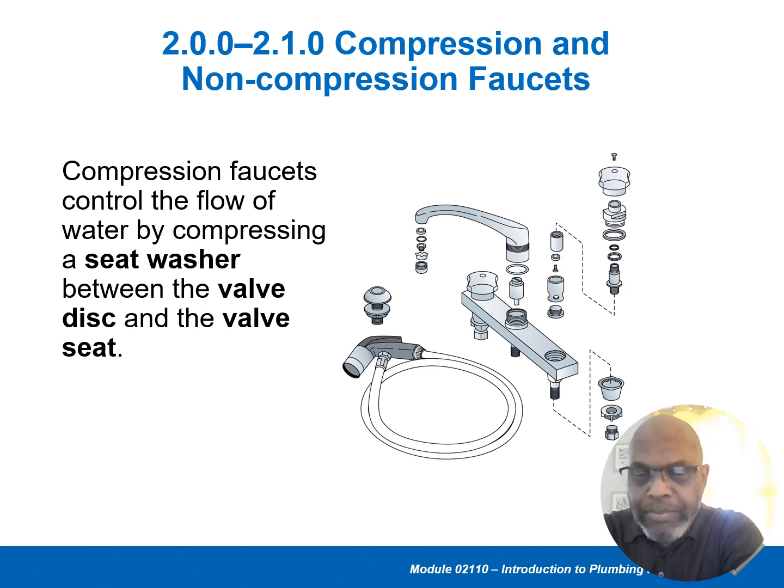Construction is one thing, but repair is another branch of plumbing, where you would take apart fixtures and put them back together to repair problems such as leaks. In this blow-up diagram, you can see all the different parts of a faucet. You will learn the basics of how to take it apart and put it back together and make certain repairs.